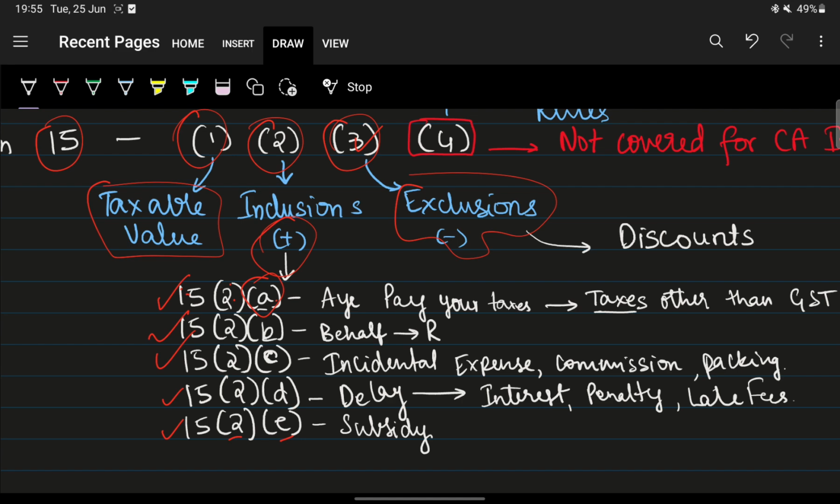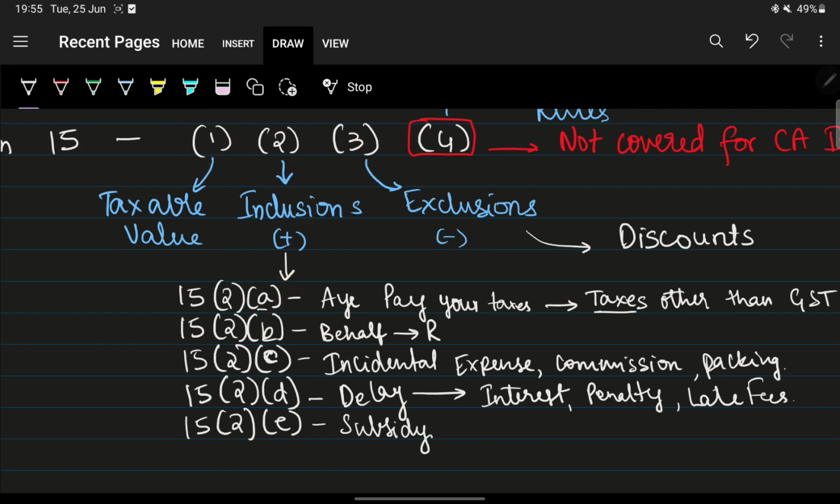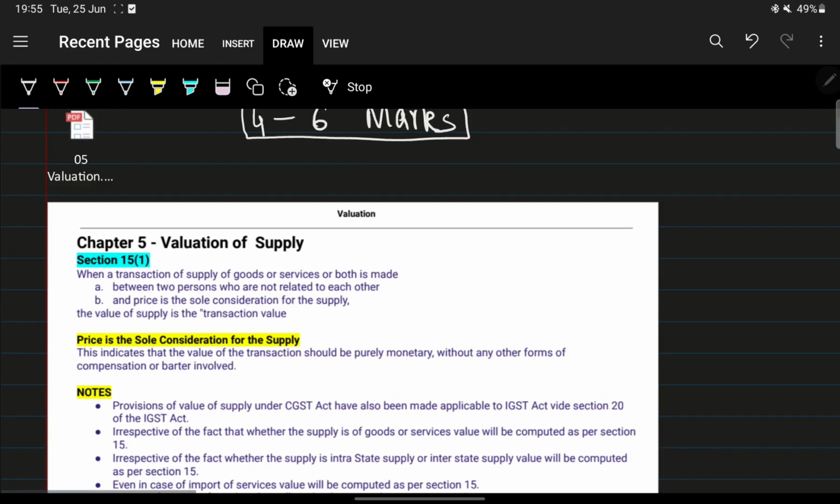Third, ITC should be reversed by the recipient. And fourth, the supplier has to issue credit notes in GSTR 1. So that is for discounts. Is that clear?